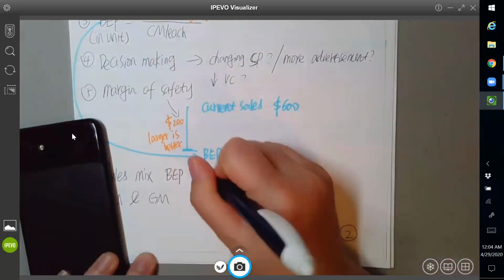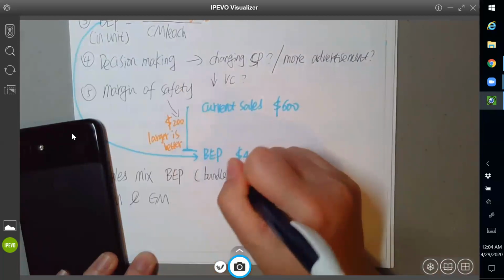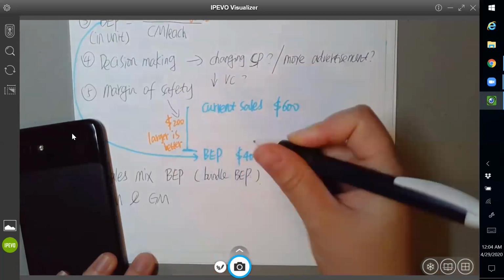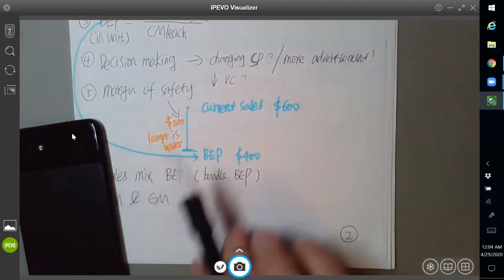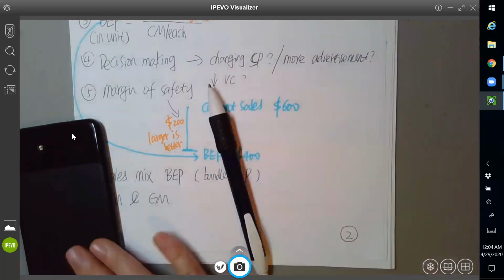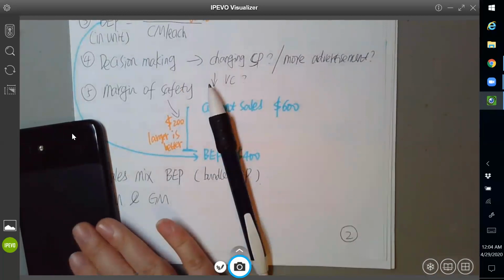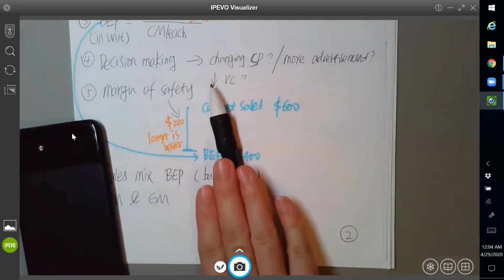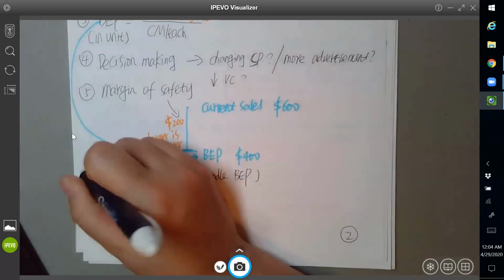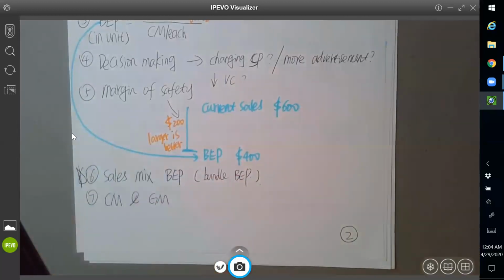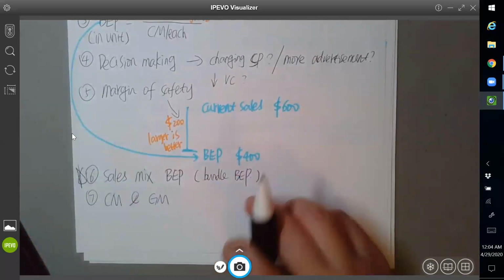So you first get the bundle break-even point. How do you get bundle break-even point? You get the bundle contribution margin first, and then you use total fixed cost divided by bundle contribution margin. You get how many bundles you need to sell. Then once you get bundles, you multiply by the units of phone in the bundle, and the units of pen in the bundle, and you will get the units for each product. I think make sure you know this one. We practice a lot, so make sure you get this one.